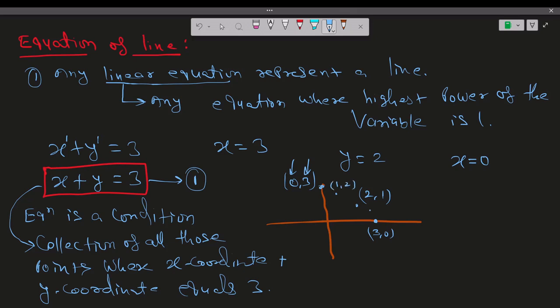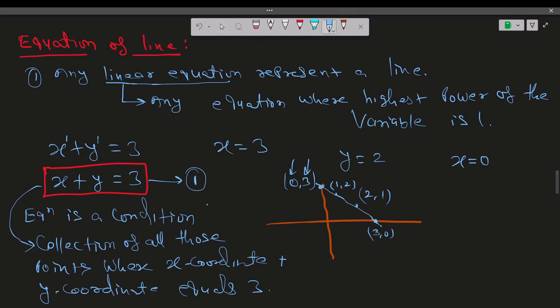Yes, all these points are satisfying. So my line will be like this, and there are infinite points on this line. You can extend the line this way and this way also. So every equation is a condition, and a line represents all those points that satisfy that condition.